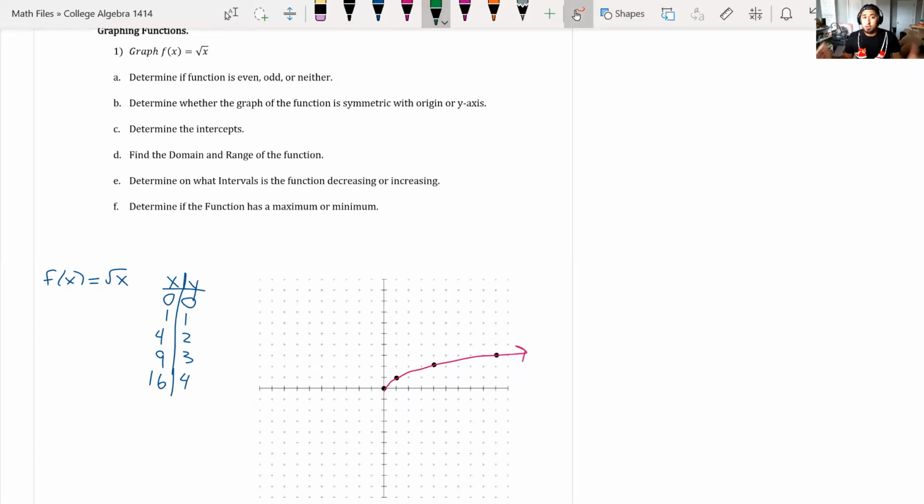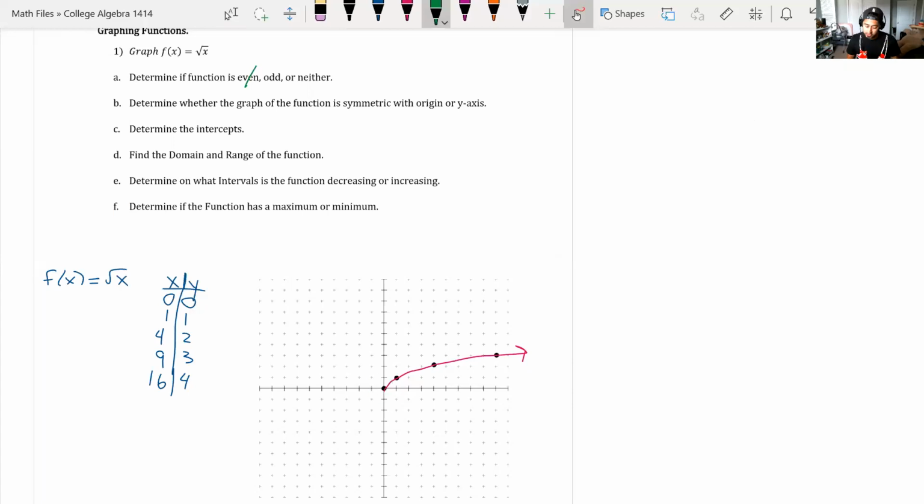And we want to know if it's even, odd, or neither. Well, remember, to be even, you will be symmetric about the y-axis. So if we're symmetric about the y-axis, we would have another piece of graph in this quadrant. So this function does not reflect over the y-axis. So it is not even. And then, to be odd, you have to be symmetric about the origin.